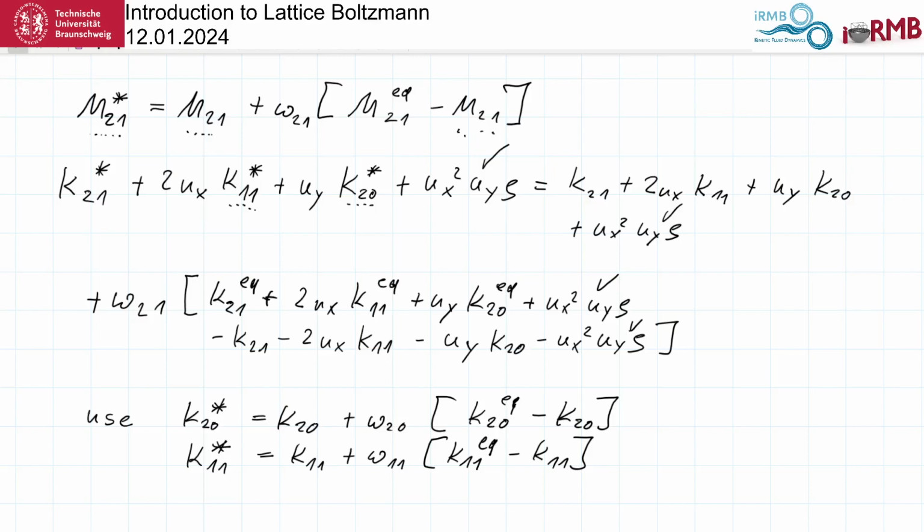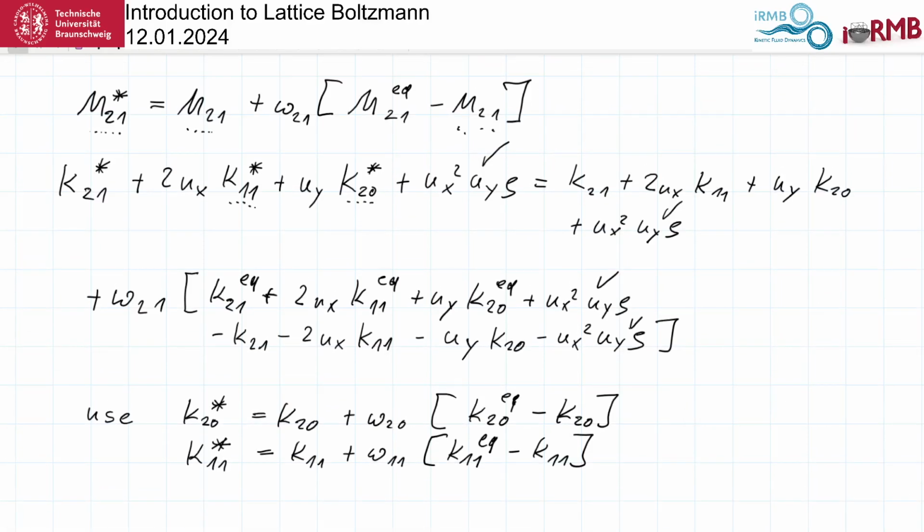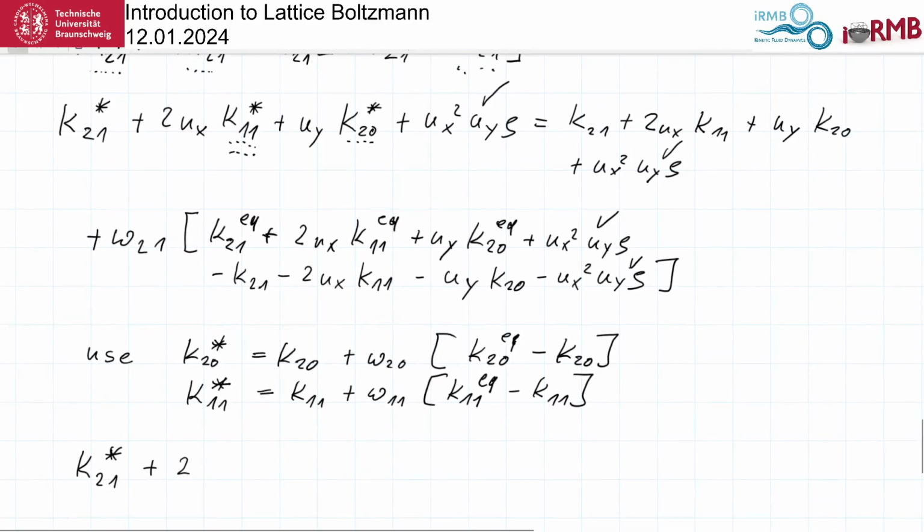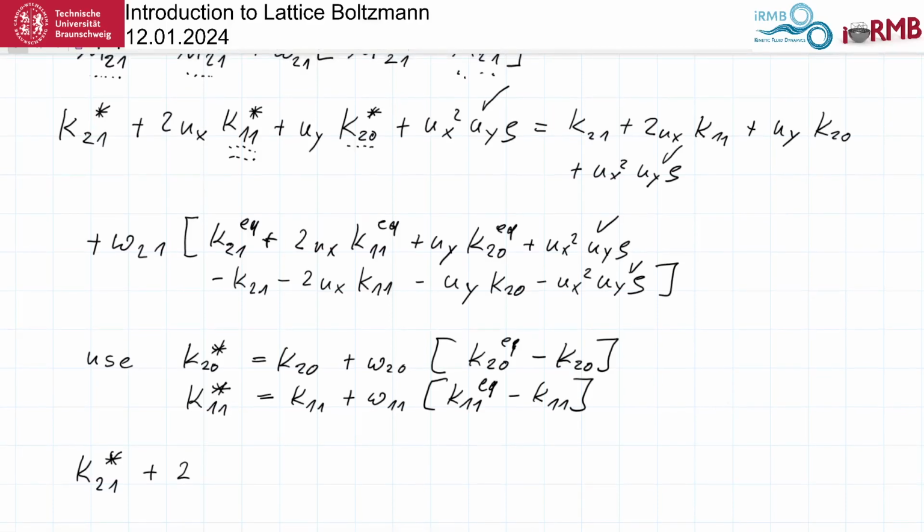So with these simplifications and putting in the replacement that we have here, I'm not developing everything, I'm just writing down K21 asterisk, so after collision, where we replace this guy here.